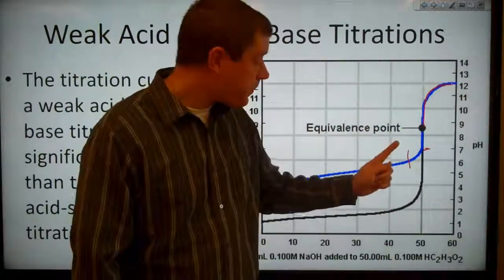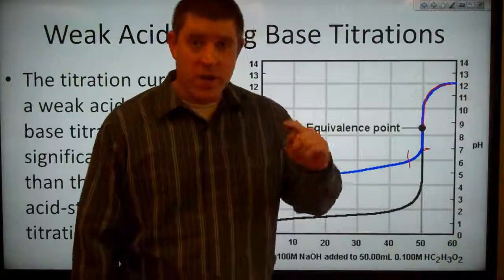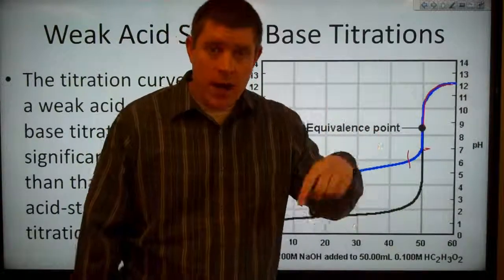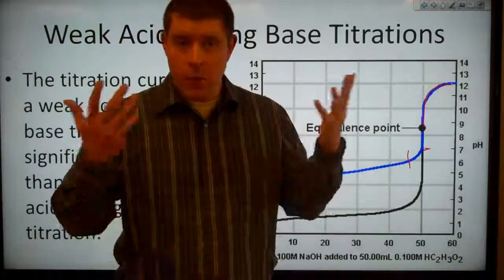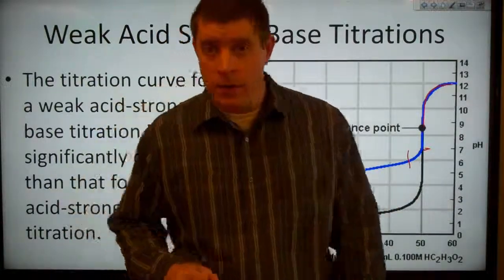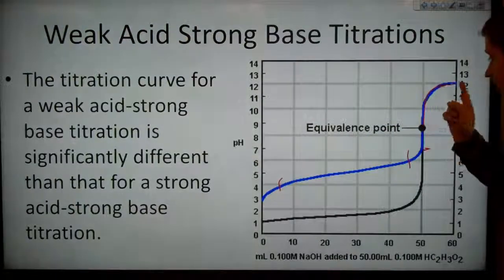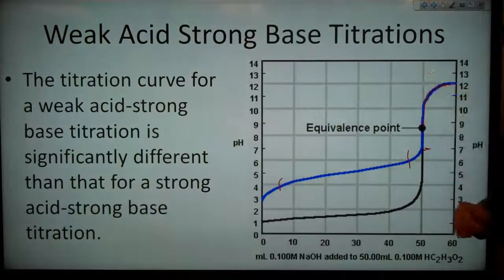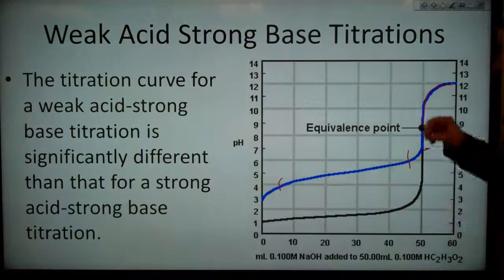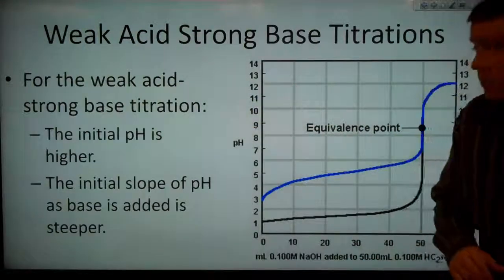We're adding strong base. On the blue curve, we have a weak base that we're adding strong base to. If we add a strong base to a weak base, the weak base is basically negligible. So, both of the curves look exactly the same after the equivalence point because we're just adding a strong base to our solution. Let's go through this one more time.